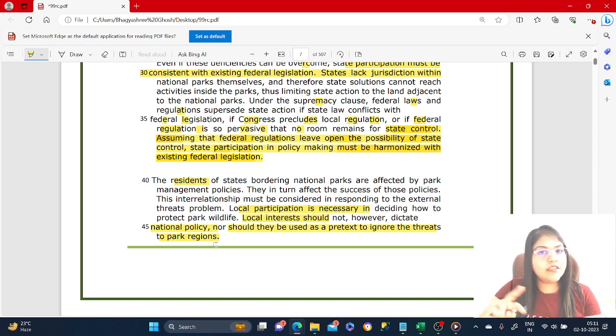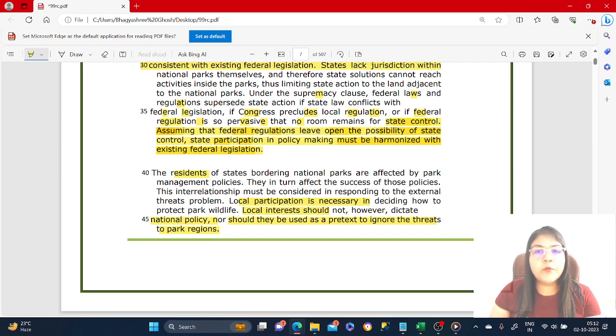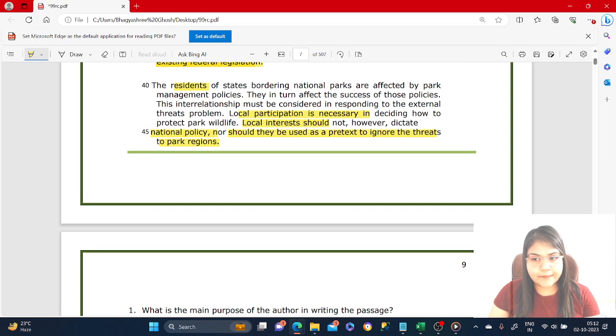So the author wants it from both sides. Neither should the local interest be so heavy that it goes against the park, nor should their interest be ignored. A balanced viewpoint in this RC.